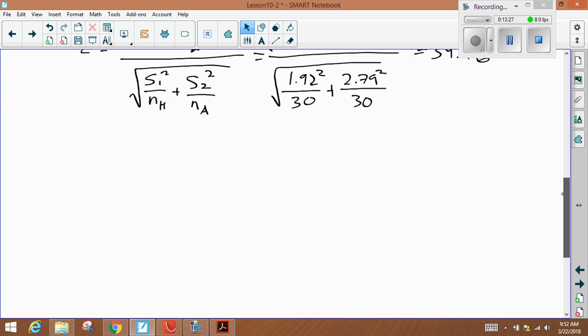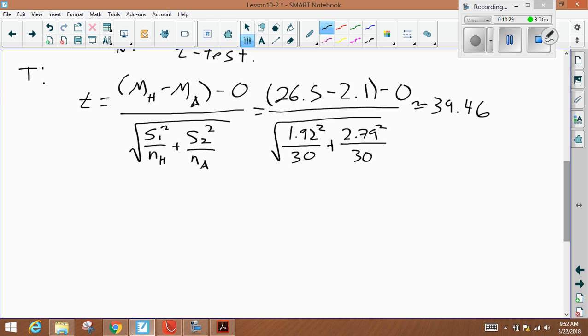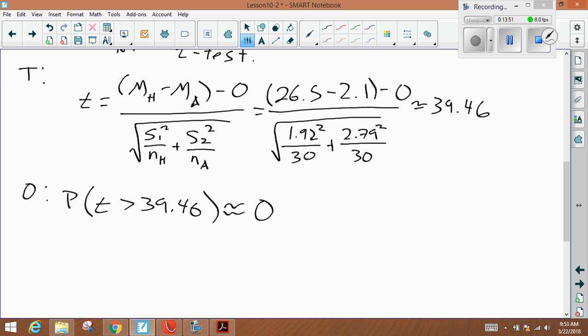All right. So we are looking at the probability that T is greater than 39.46, which you can literally say that. If it's that small, you can literally say it's approximately that.